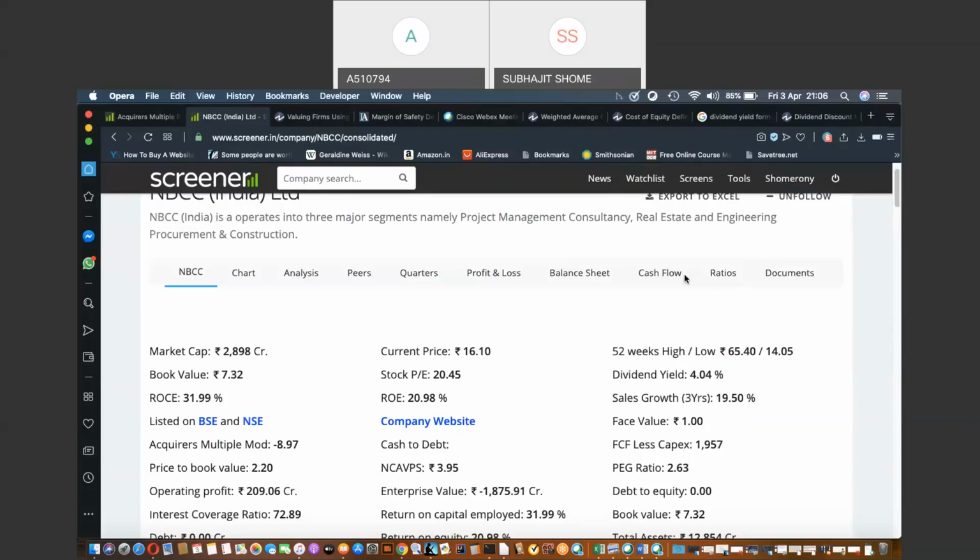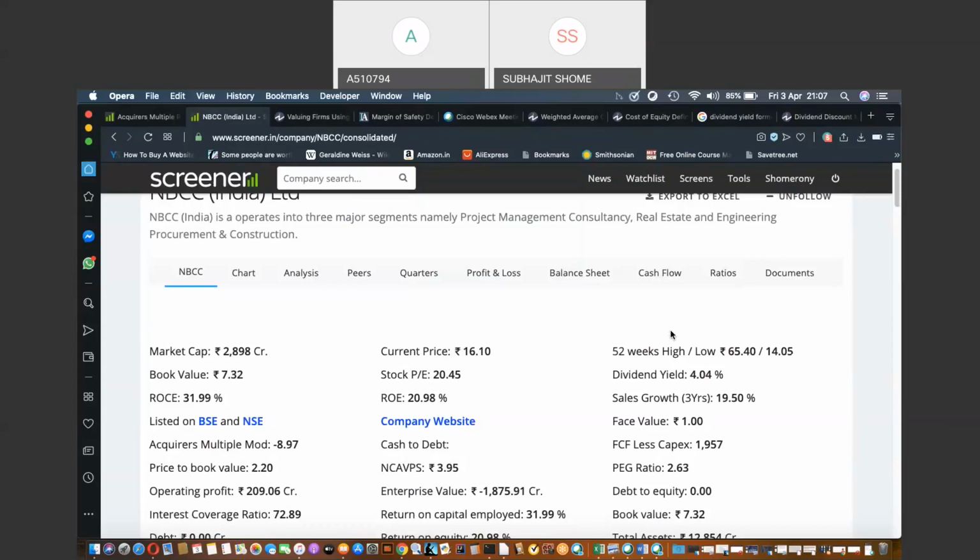I got 8.8, but our current price is 16.1. We don't go by current price, we go by intrinsic value. It should be half of it. So our current price should be less than half of intrinsic value.